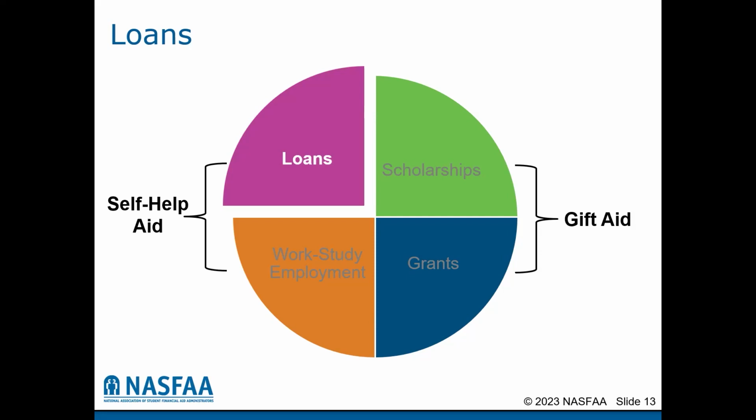The student may opt to borrow only what is needed or not at all. Repayment usually begins after the student's education is finished or the student stops attending school. Loans may be available through the federal government, your state government, or through a private lender.